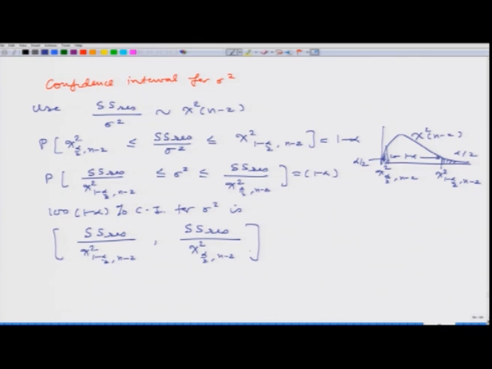So, these two values of chi-square can be obtained from the tables of chi-square probability. Right. So, they are available. Sum of square due to residual can be obtained on the basis of given set of data. So, this 1 minus alpha confidence interval can be obtained on the basis of given set of data.